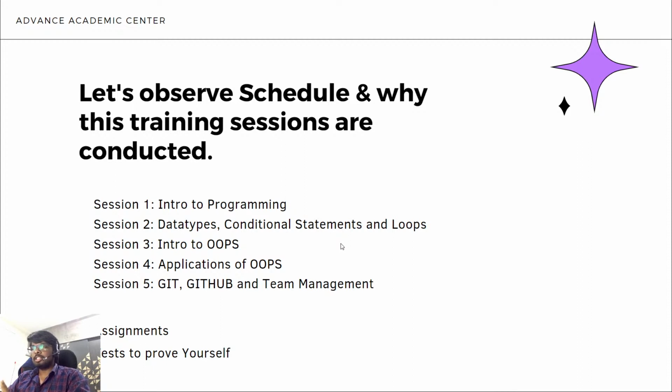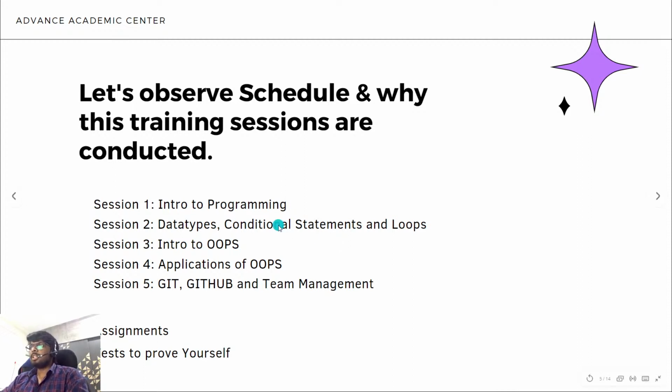The third session is introduction to object-oriented programming and software engineering, and that session is going to be taken by me. Session four is going to be the applications of OOPS, taken by Umakant Saho. And finally, session five is about GitHub and team management.